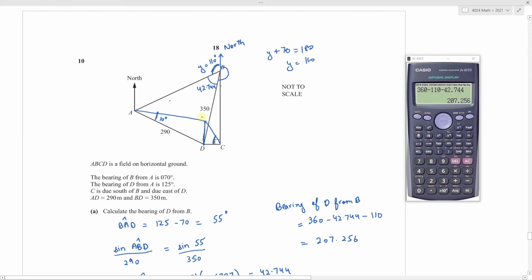Let's call this top of the mast V, vertical mast V. So this is also 90 degrees, because D is vertically above in three dimensions, so this here is 90 degrees, and this here is also 90 degrees. So triangle AVD is a right angled triangle, and triangle VDC is also a right angled triangle.